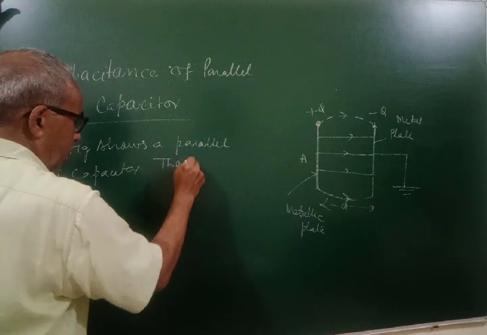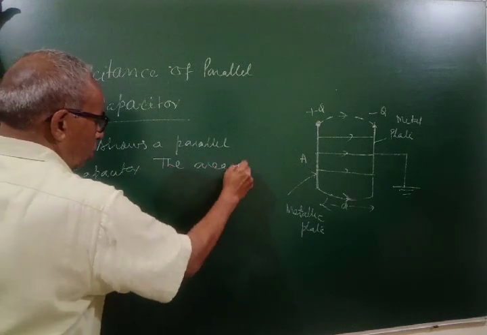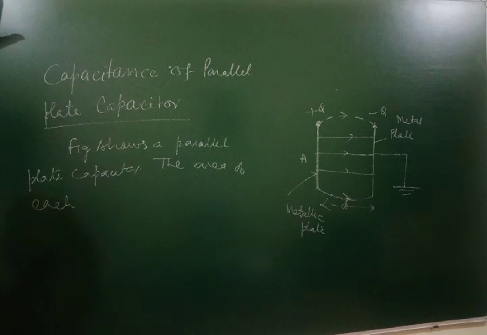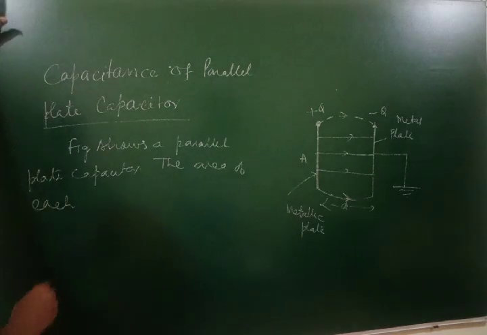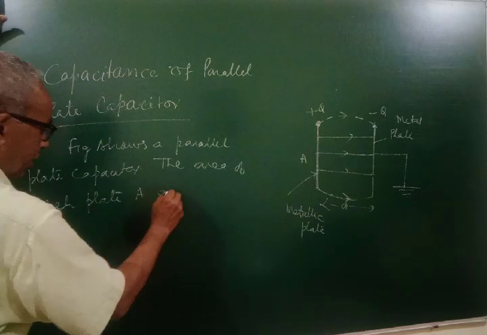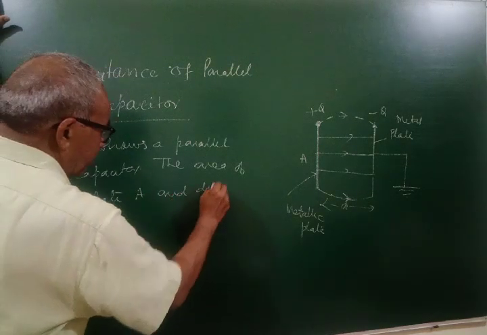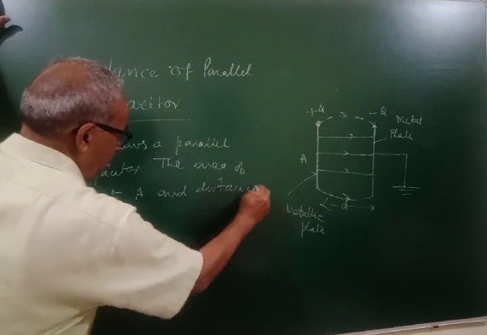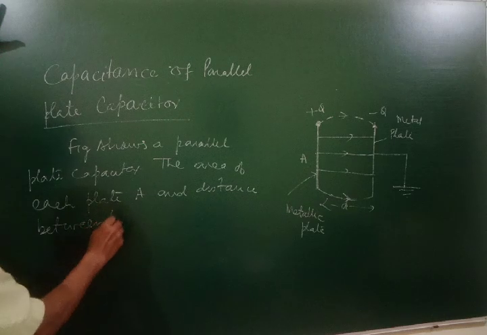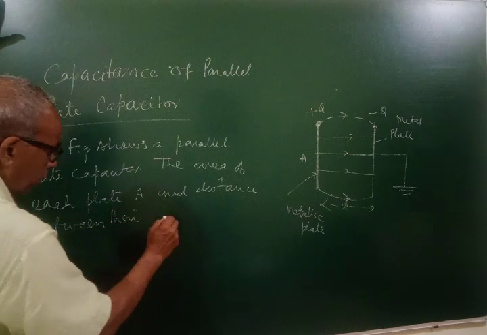The area of each plate is capital A, and the distance between them is small d.